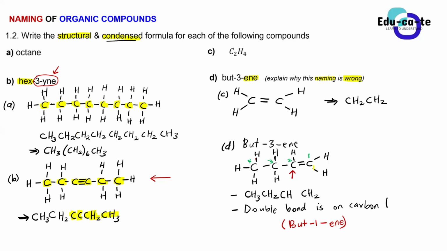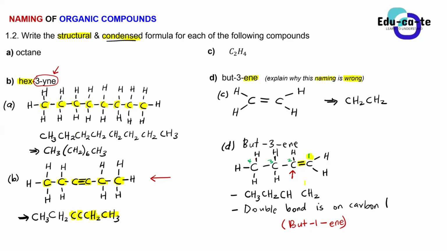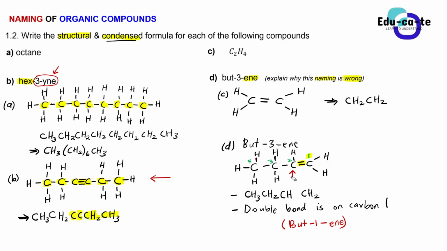Yes. So although, Mahlodi, the double bond is between carbon 1 and carbon 2, when we write the name, we take the lowest numbered carbon that has this double bond. We take the carbon with the lowest number between these two that have the double bond between them. Is that clear? Yes. All right.